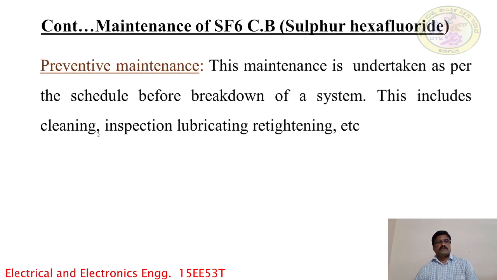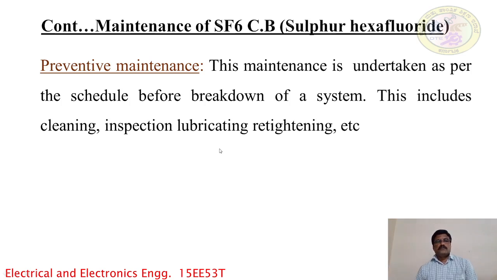Next one is preventative maintenance. So this is one of the precautionary maintenance. That means the maintenance is undertaken as per the schedule. We have already mentioned every type of circuit breaker needs periodic maintenance of 3 to 4 months during its operation.